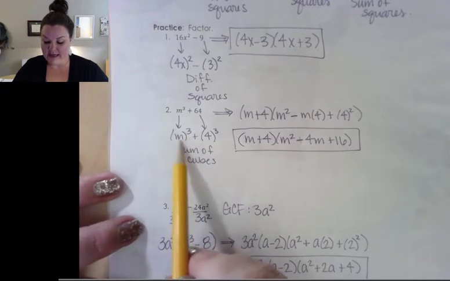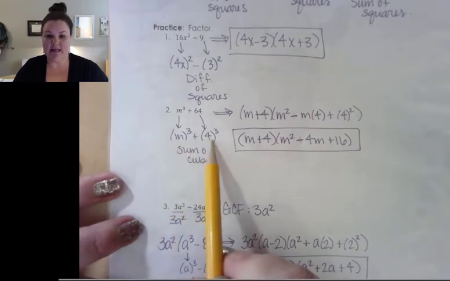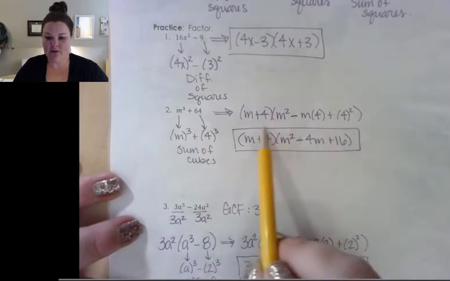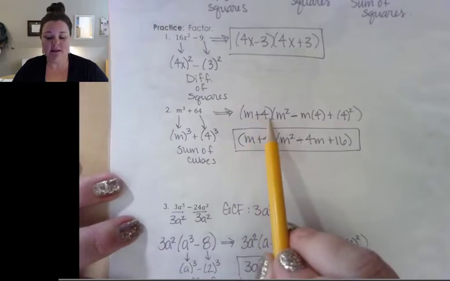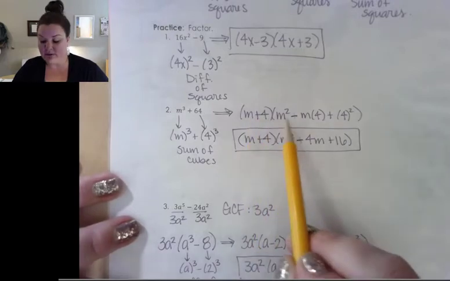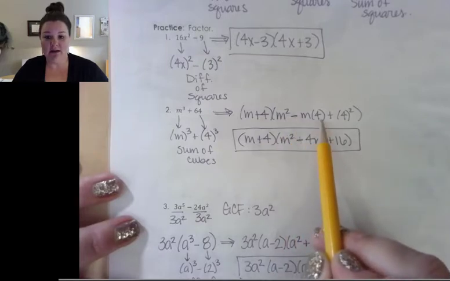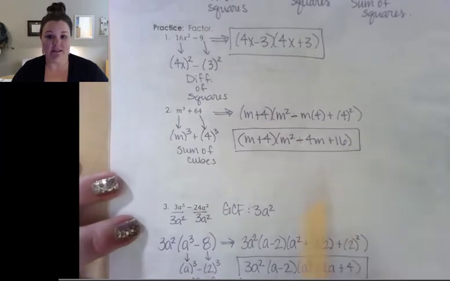So I'm plugging in m for my first base and 4 for my second base into the sum of cubes formula. Our sum of cubes formula said first base plus second base, and then in our next quantity, first base squared minus our 2 bases multiplied, plus my second base squared, and then we just simplify.